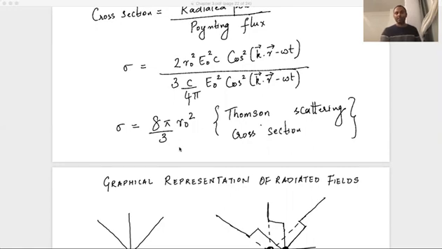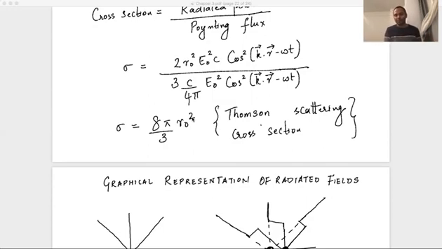Anyhow, so that's basically Thomson scattering. The way to think about Thomson scattering is the electron looks like an aperture of this area, and any energy falling on that aperture is scattered by the electron. It's taken in from the incoming beam, subtracted from the incoming beam, and scattered in the form of dipole radiation.